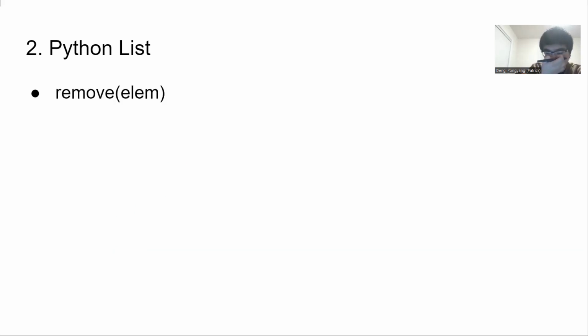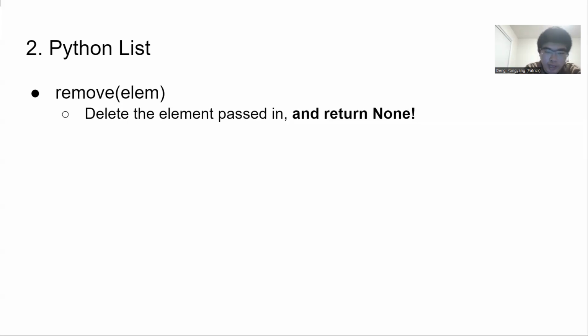The next one, remove, removes an element from a list. At this time, we do not pass in an index; we pass in the element. Suppose you know there is an element and you want to delete it, so you pass the element into the remove method. It deletes the element passed in and returns none.